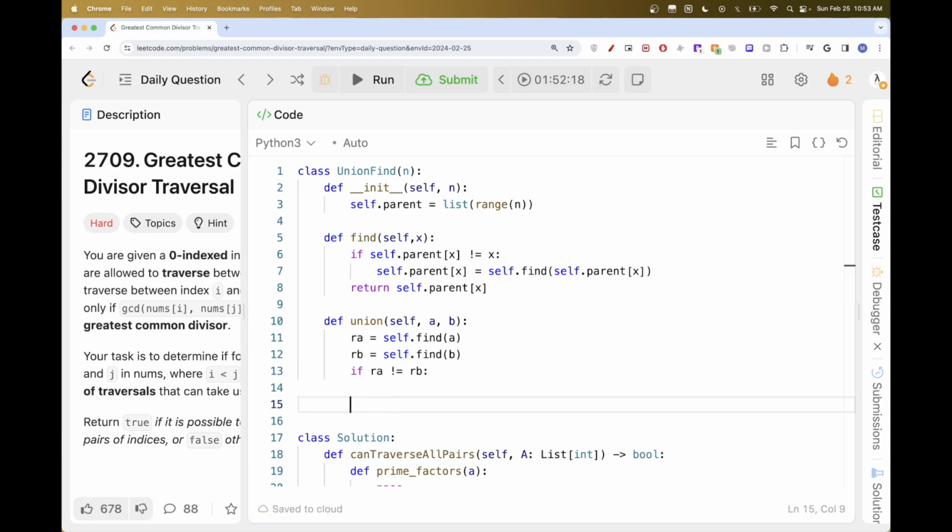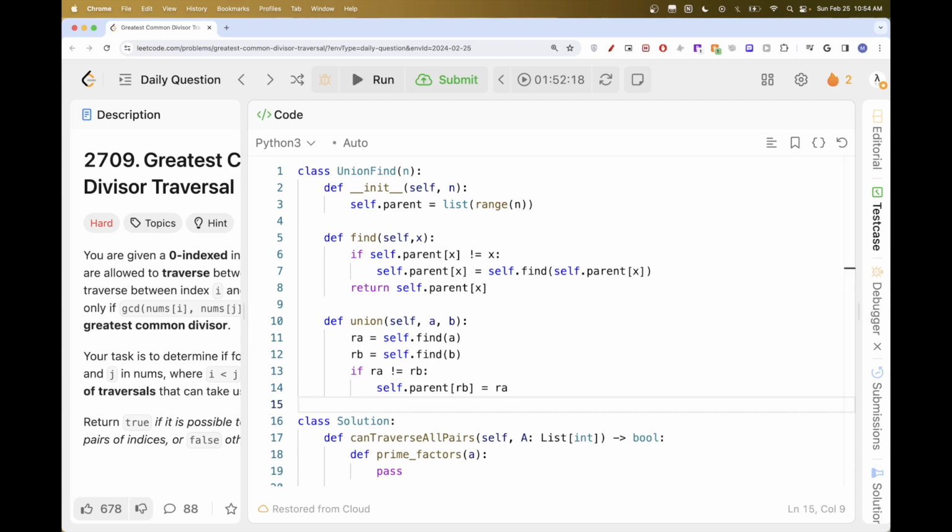Otherwise, we can just stop. But if they don't, that means we need them to be in the same component. So that means we need them both to have the same root or the same parent. And so to make them have the same parent, we can just take one of them and make it have the same parent as the other. So let's, for example, have the parent of b be the same as the one for a. Okay.